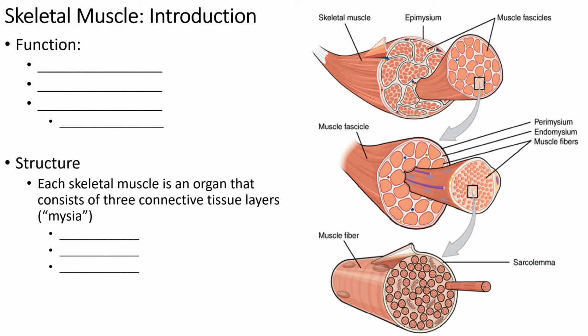So the function of skeletal muscle basically is movement. It pulls on bones, and it allows bones to change their position in relationship to the joint.